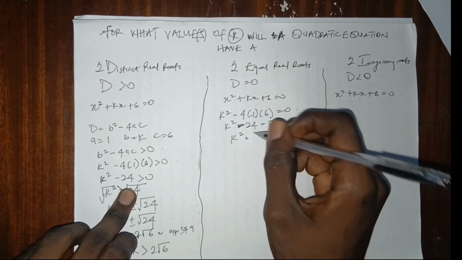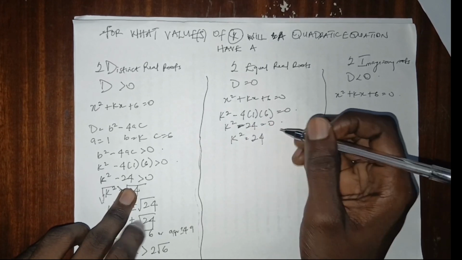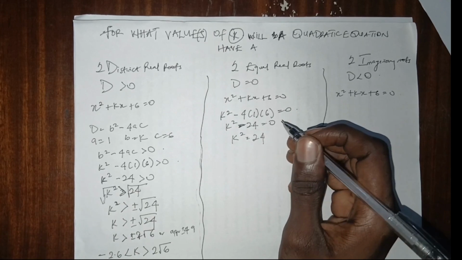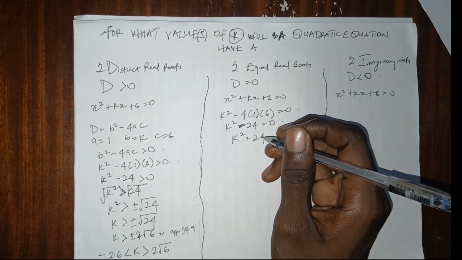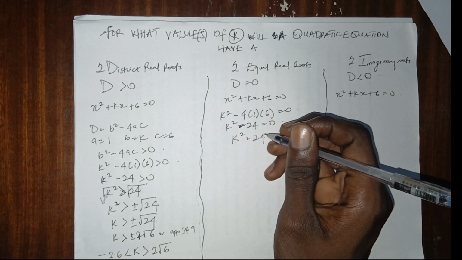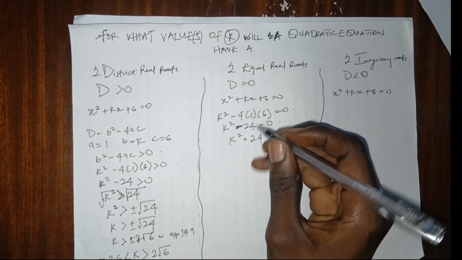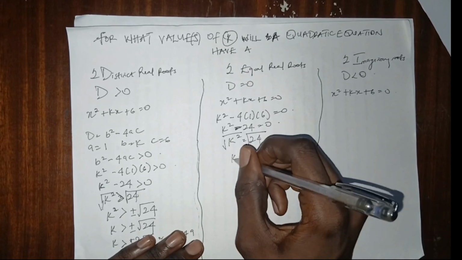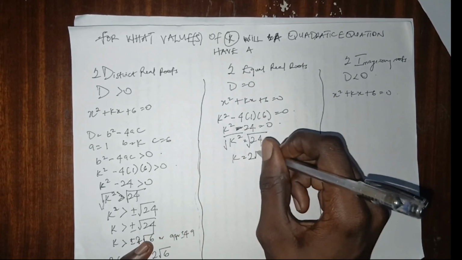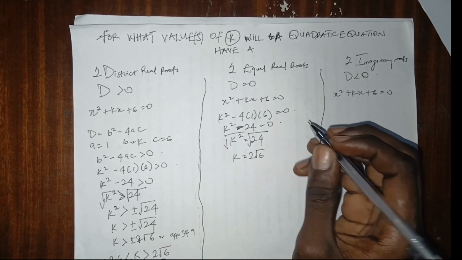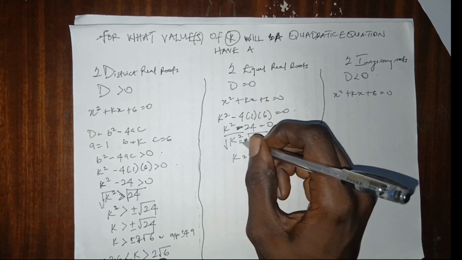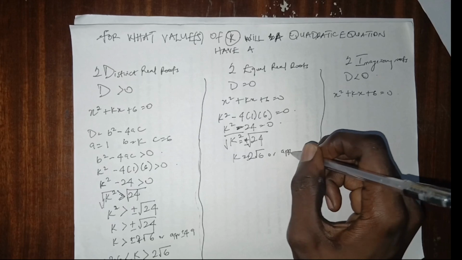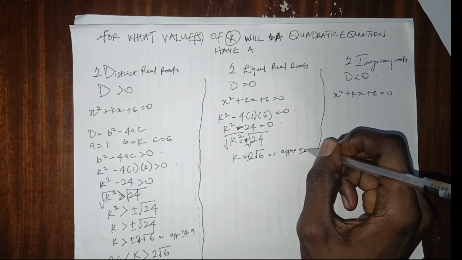K squared equals 24. So you take the square root of both sides now. You have the same answer as this, plus or minus 2 root 6, or approximately plus or minus 4.9.